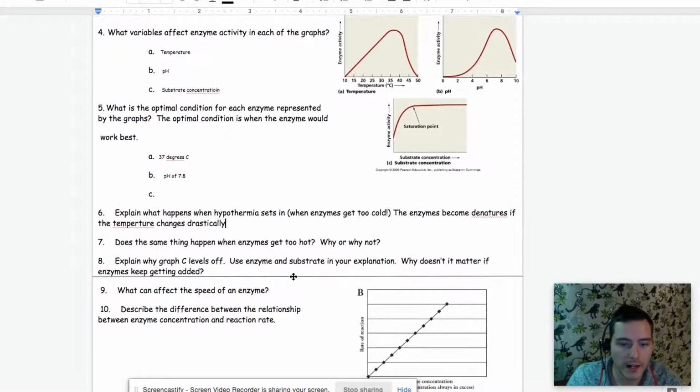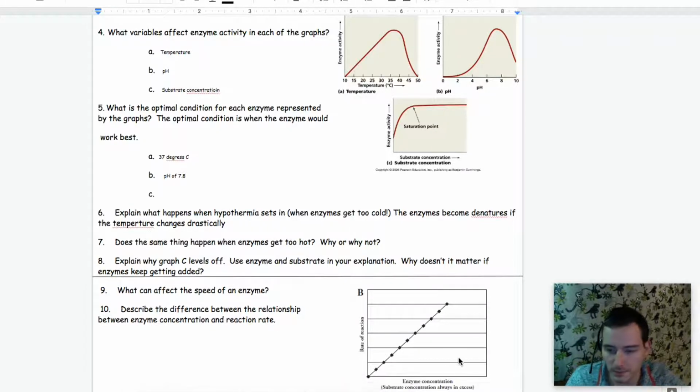Number nine, what can affect the speed of an enzyme? Well, we said them: temperature, pH, and how much substrate there is. And number 10, describe the relationship between the enzyme concentration and reaction rate. Well, if you look at this, enzyme concentration and reaction rate, as there's more enzymes, the rate of the reaction can go faster.